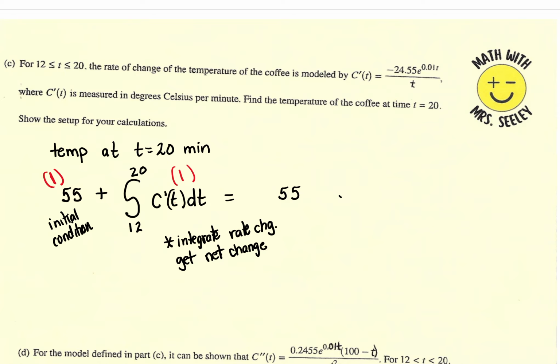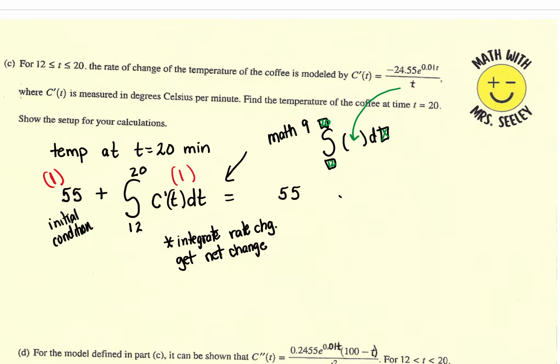This right here is done using your calculator. You know that Math 9 button that allows you to fill in the boxes and put in your formula right there. So y'all know about that. You're going to put in your 12 here, your 20 here. You are carefully going to put that in there with the dx.